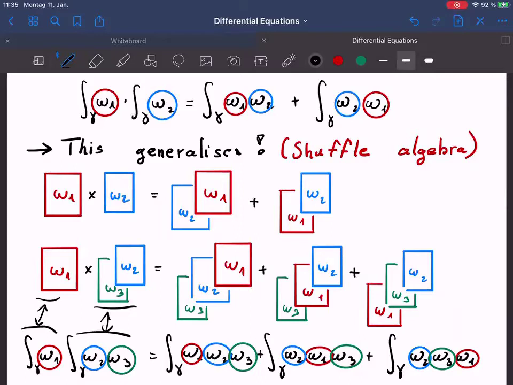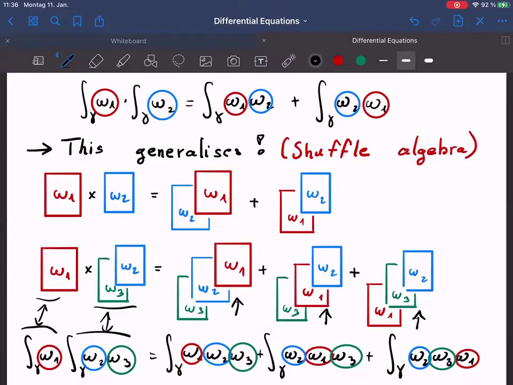Now you ask yourself, how can I shuffle these two decks of cards? Shuffling means that you put one deck into the other, but you're not going to destroy the order inside a given deck. So you're not going to change the order between omega 2 and omega 3. That means you only have three possibilities: either you put omega 1 on top, in the middle, or at the bottom.